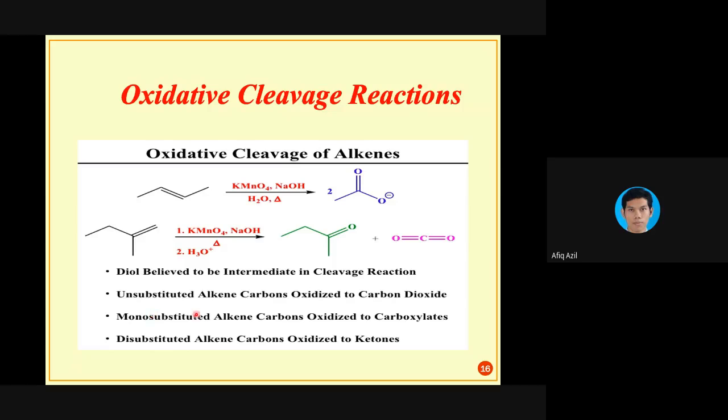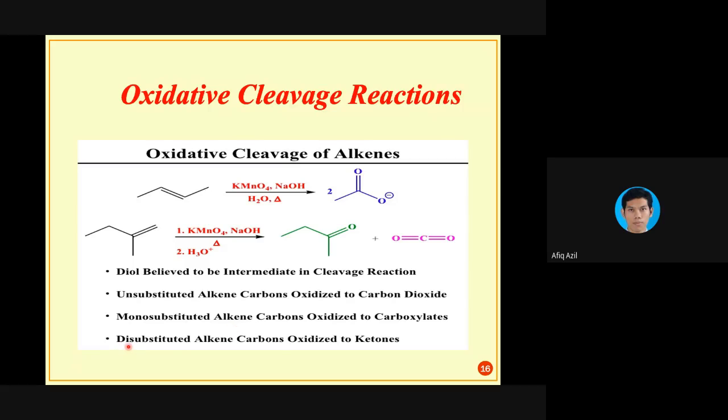But for mono-substituted alkenes, carbons will oxidize to become carboxylate. So the structure that you must have in order to obtain carboxylic acid is this mono-substituted alkene.